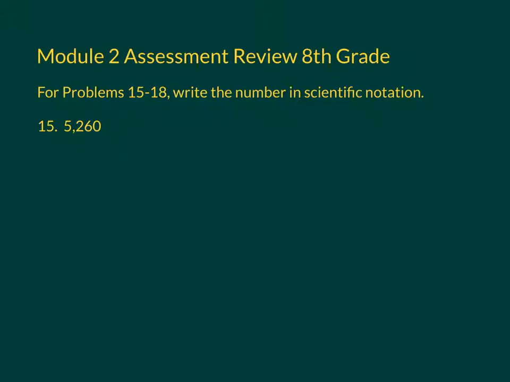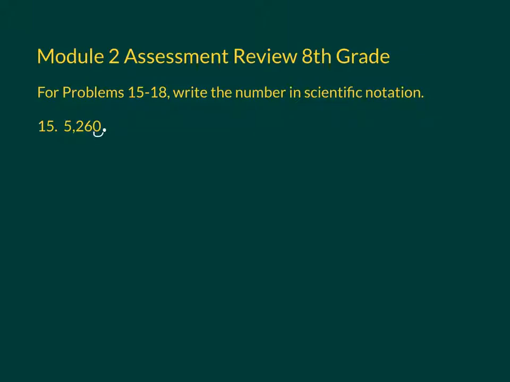So now for problems 15 through 18, we're supposed to write the number in scientific notation. Remember, when you have a number, so 5,260, and you don't have a decimal, then the decimal's at the very right, because there's no fractional portion in this number. Now we have to move the decimal so that the number is between 1 and 10.